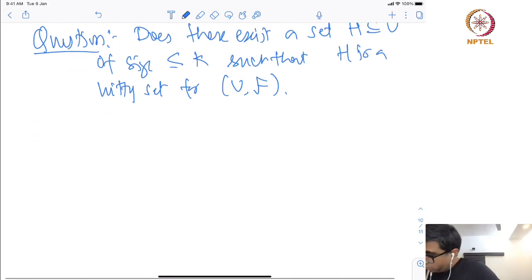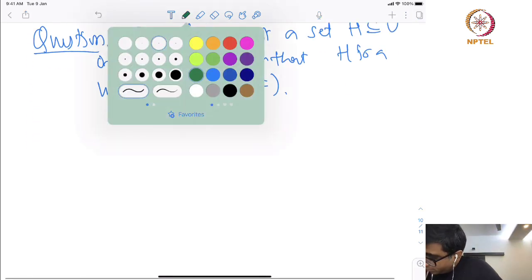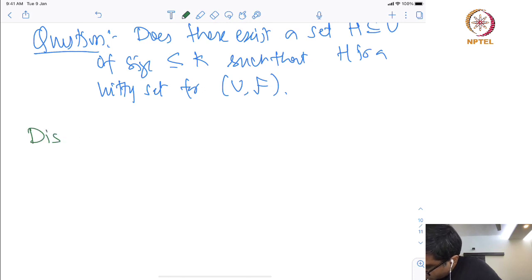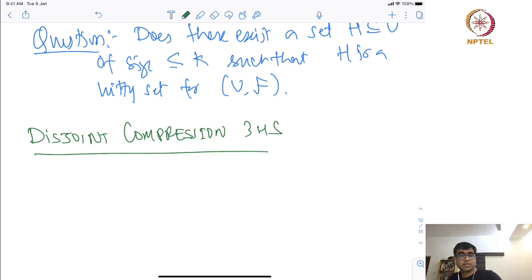Now, how do we get to the disjoint compression 3-hitting set problem? We will get to that problem in a minute.